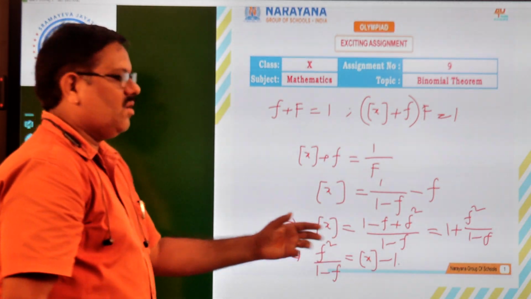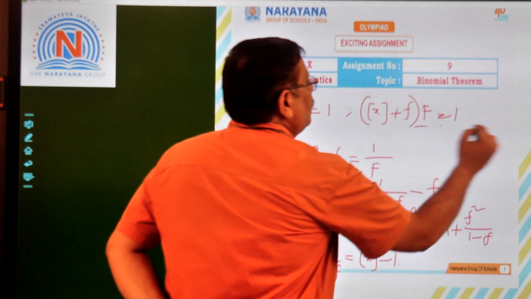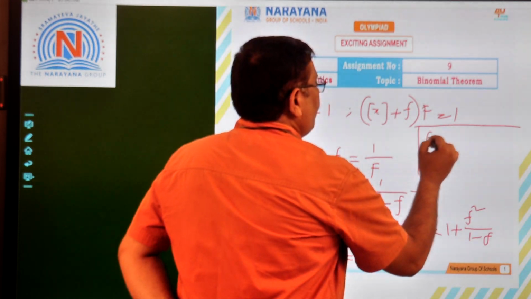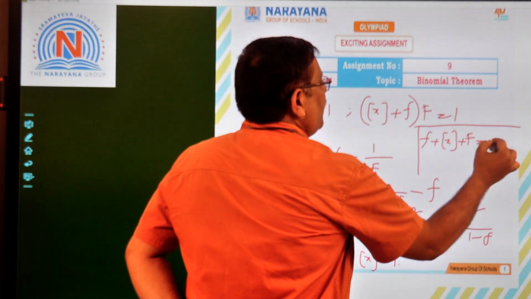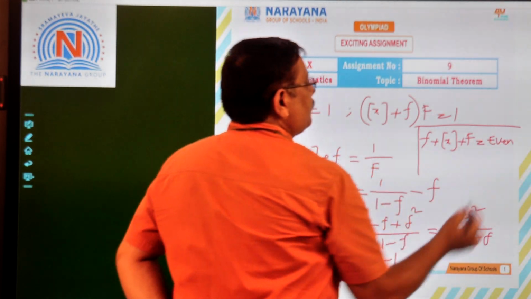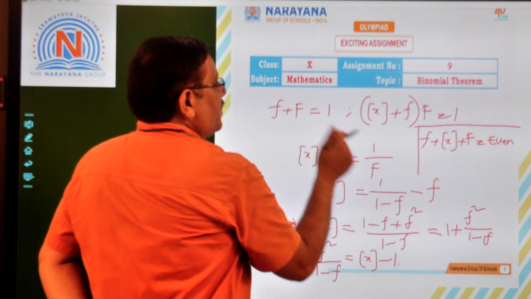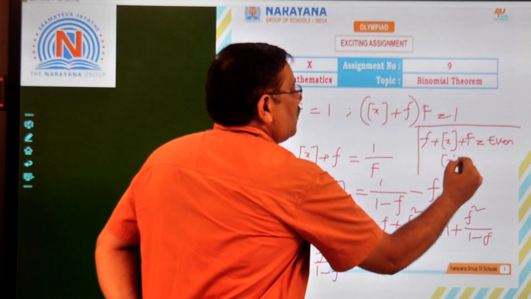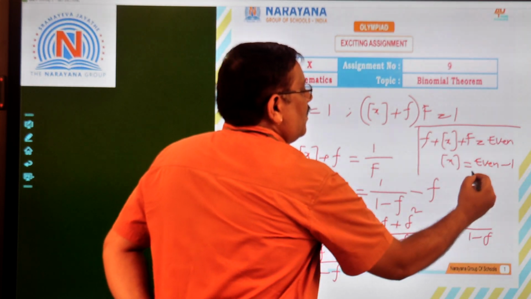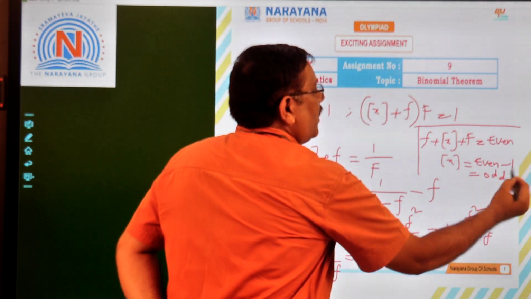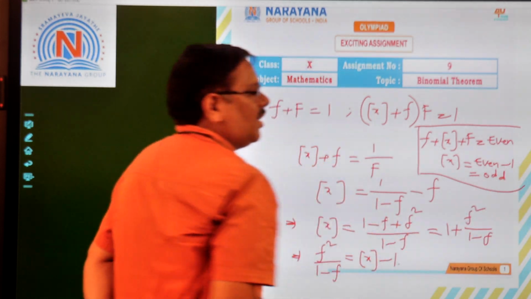Now what is the value of step x? If you observe, f plus step x plus capital F is an even number. Now we know that f plus capital F is 1. So step x is equal to even number minus 1. That is nothing but an odd number.